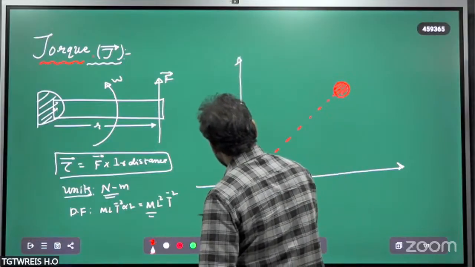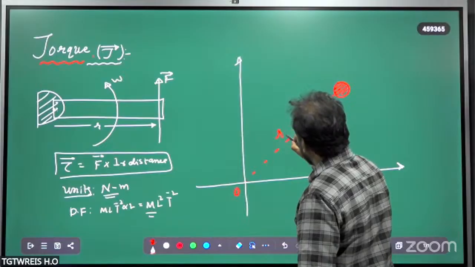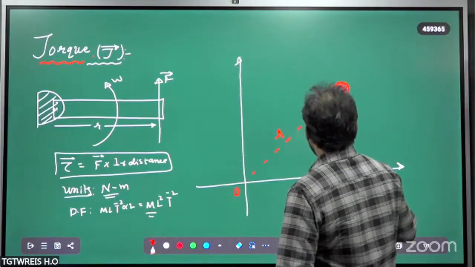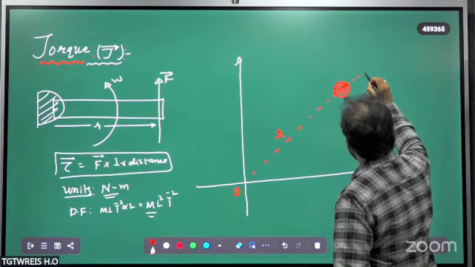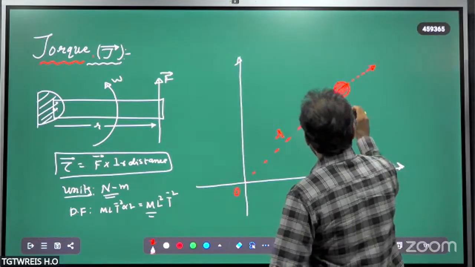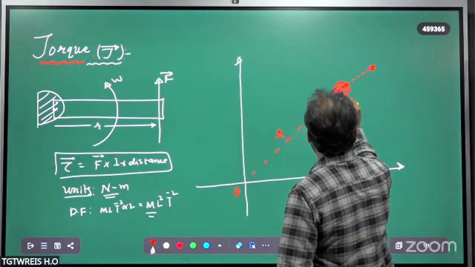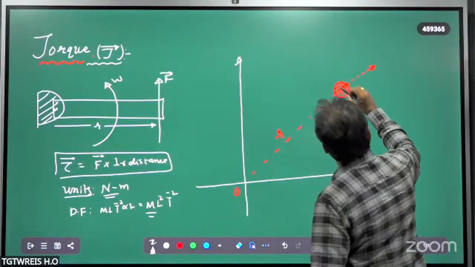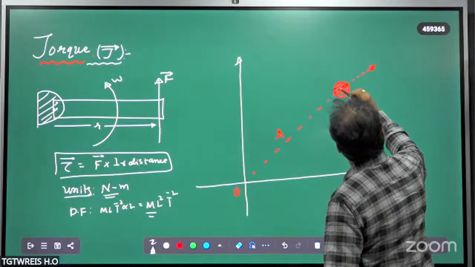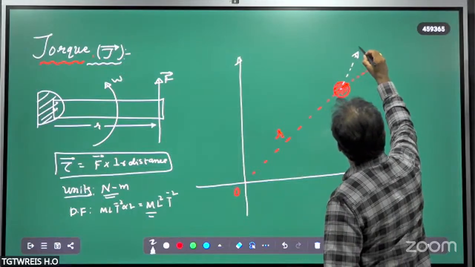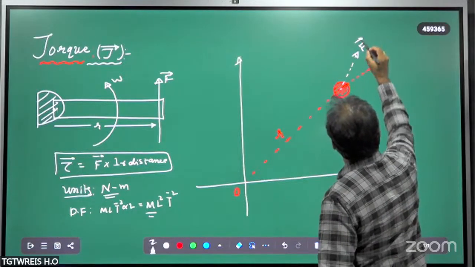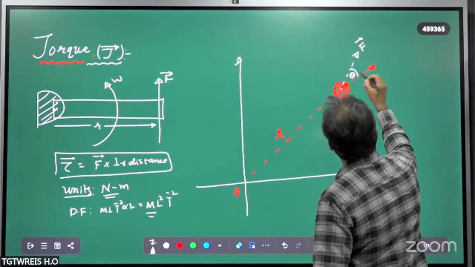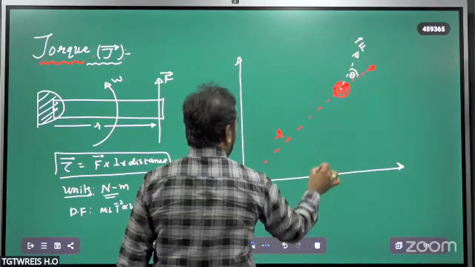This is the direction of motion of the particle. A force of F newtons is applied, making an angle theta with the direction of motion.